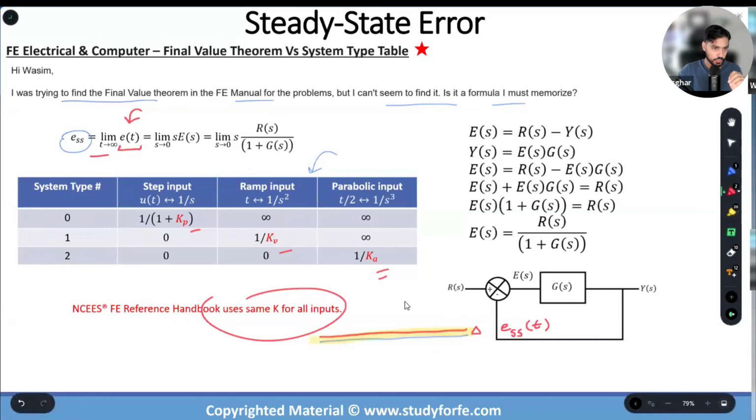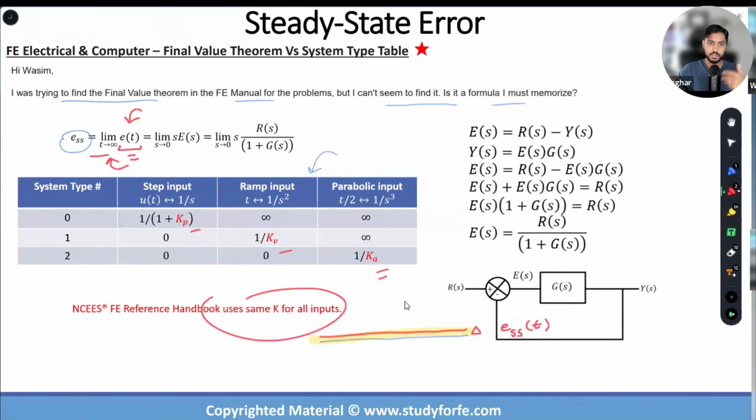It's a very beautiful equation because as time is approaching infinity, we are looking at the value of e of t. Now, let alone figuring out the value of a function at infinity, if you think about it, we ourselves cannot quantify what infinity is. At what time are you talking about infinity?